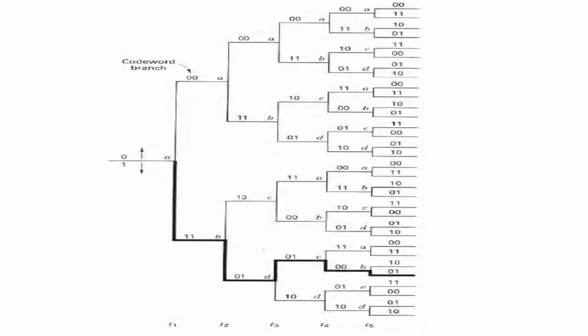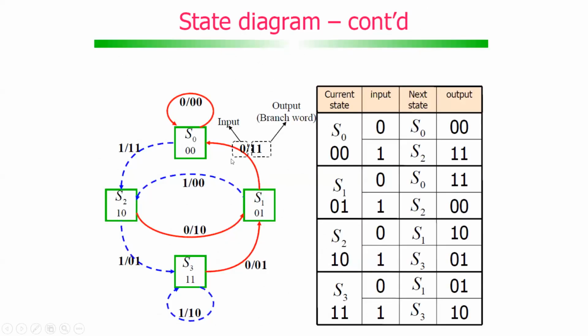Why is this tree diagram needed? Let me tell you. The representation of the encoder using a state diagram does not have any timing information.